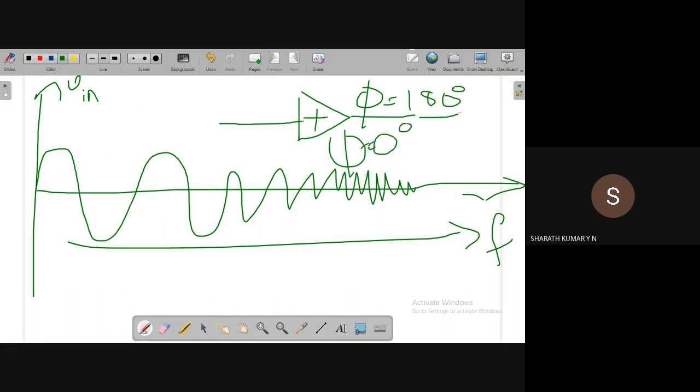If phase shift is not really an issue, then we can go for an inverting amplifier. If phase shift is a major issue, we can go for a non-inverting amplifier. But in most cases, phase shift is not an issue. In such cases, we can go for an inverting amplifier, because it has a lot of advantages over a non-inverting amplifier.